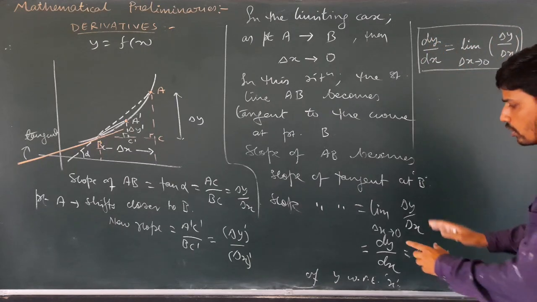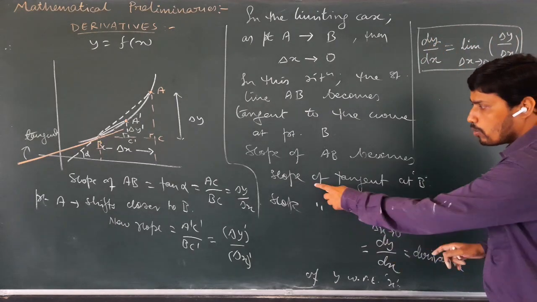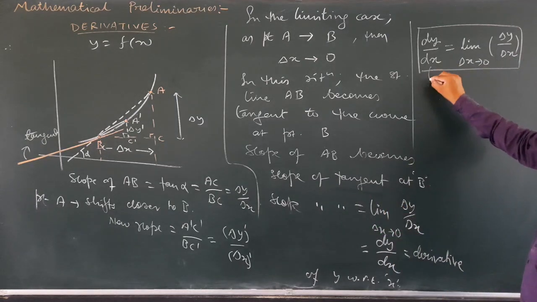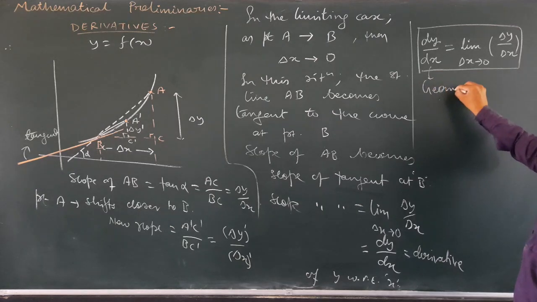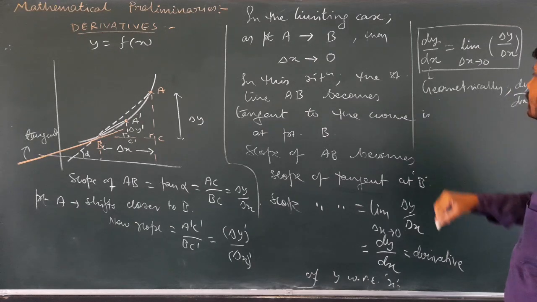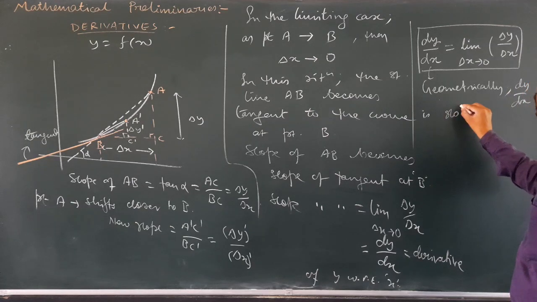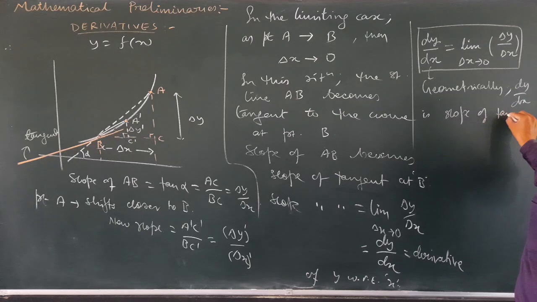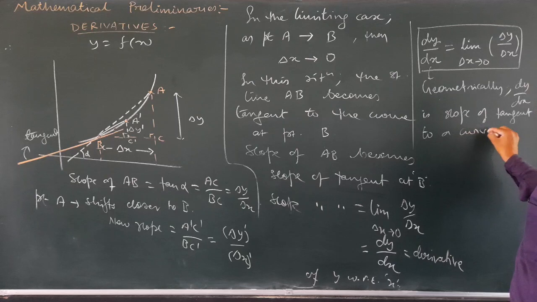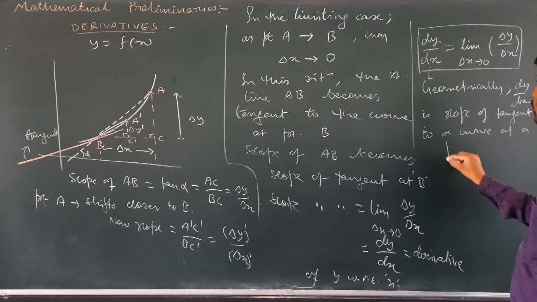And dy by dx is also a slope. Which slope? Yes, the tangent. So geometrically, dy by dx represents the slope of the tangent to a curve at a point.